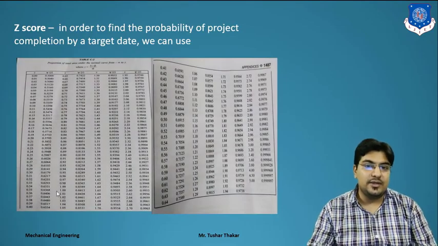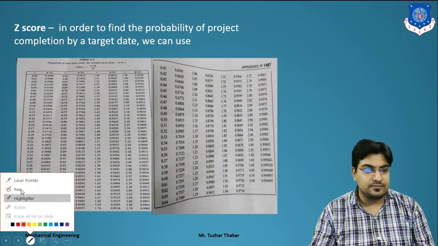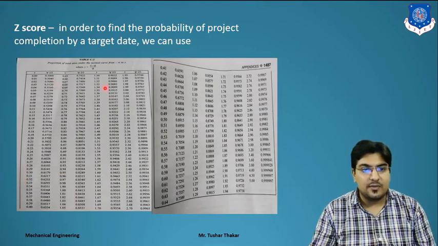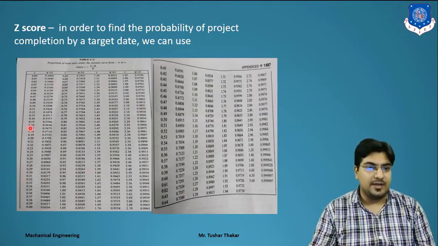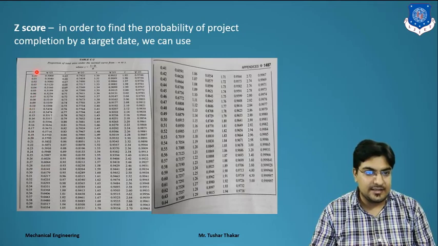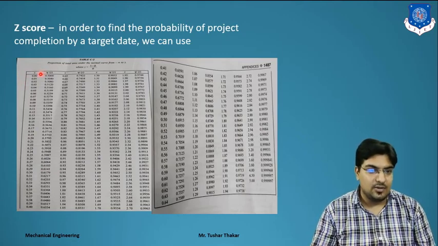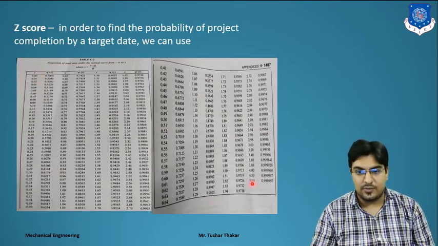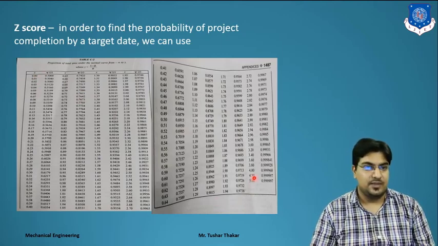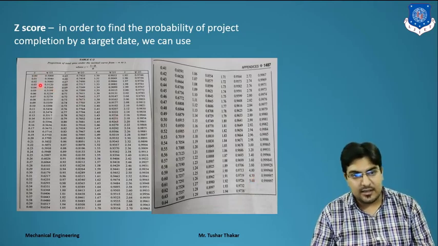Here I put images of that table. Here the Z value is given starting at 0.0, then 0.02, up to the phi value.